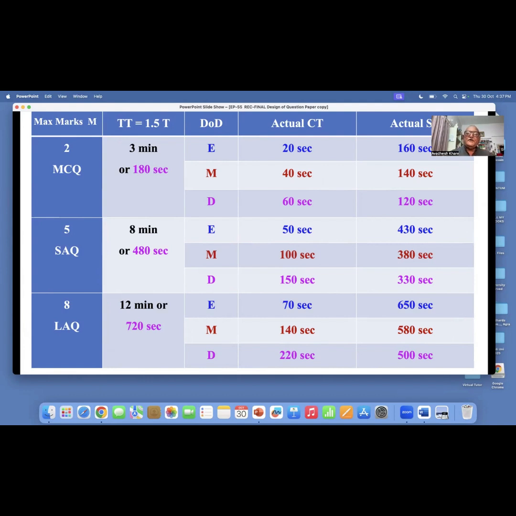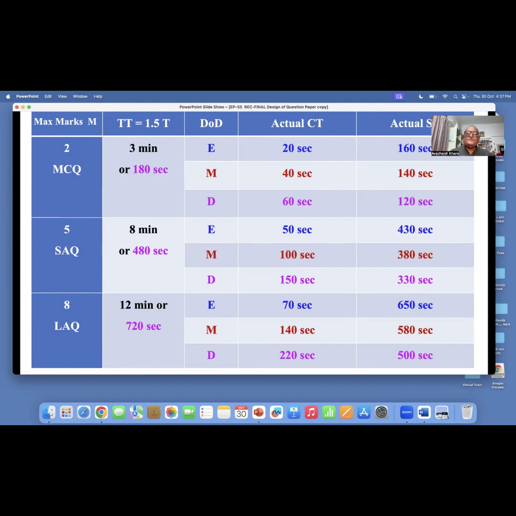Then based on the degree of difficulty, easy, moderate, and difficult, the MCQ will have actual conceptualization time as 20 seconds, 40 seconds, and 60 seconds, and remaining solution time as 160, 140, and 120 seconds.